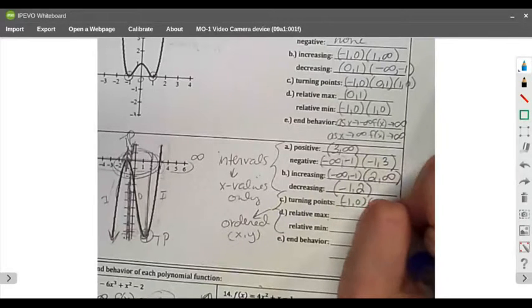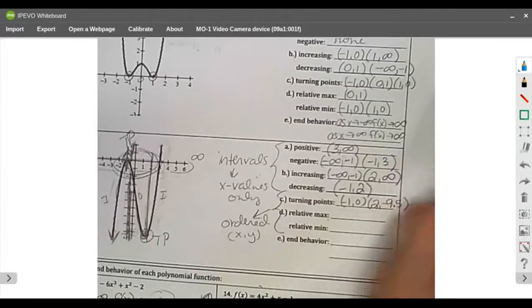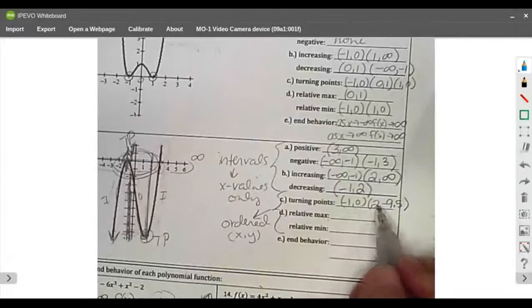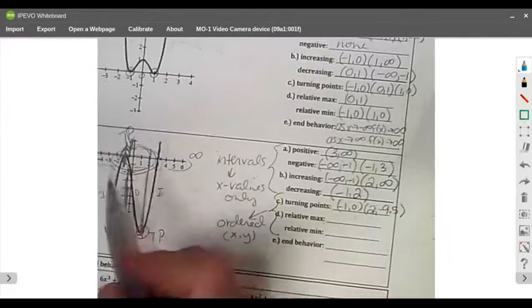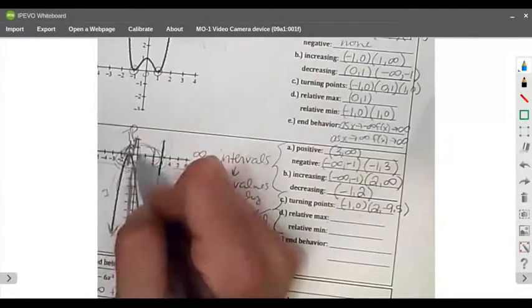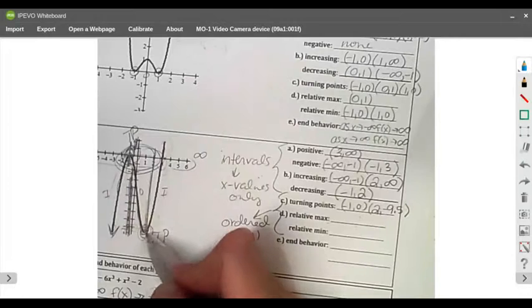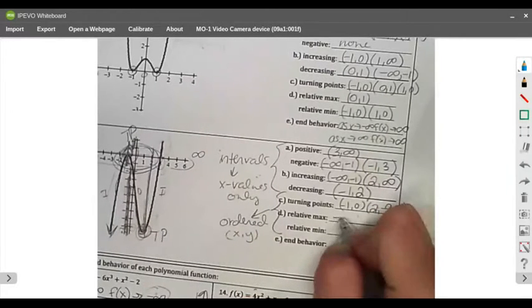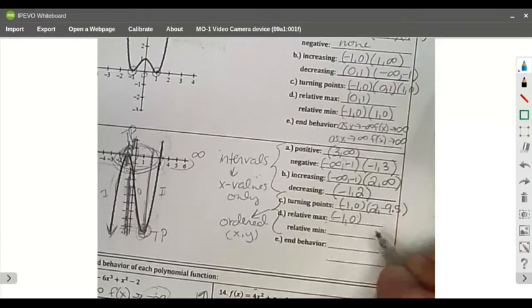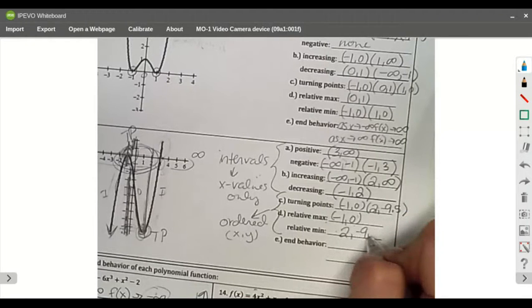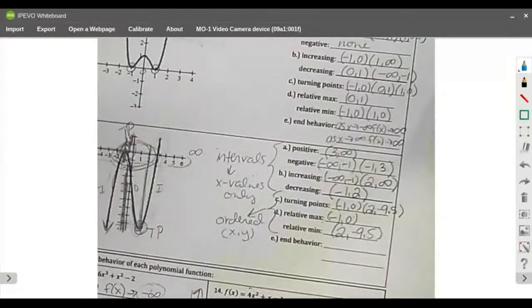So about 2, -9.5, we'll say. Those are only two turning points. These two turning points become your maximums or your minimums. So one of them is a maximum, high point. The other one is a low point, minimum. So max is -1, 0, minimum is 2, -9.5.